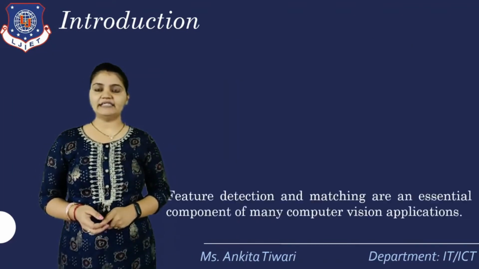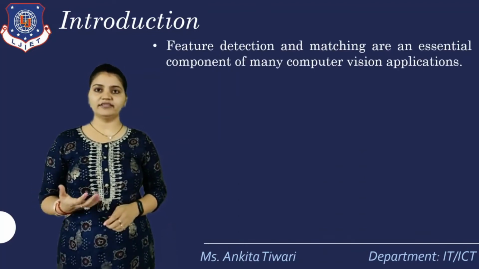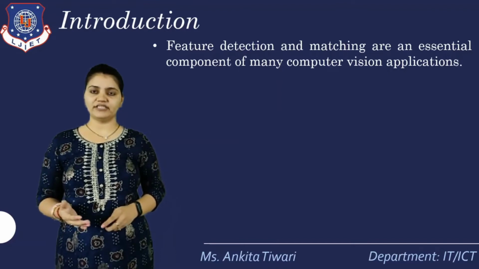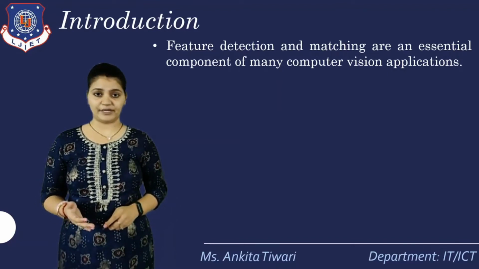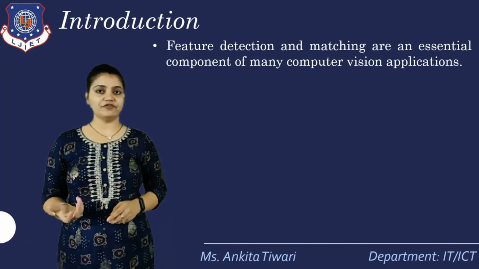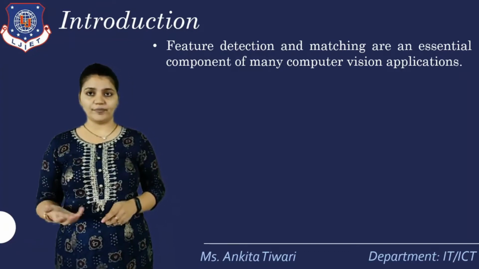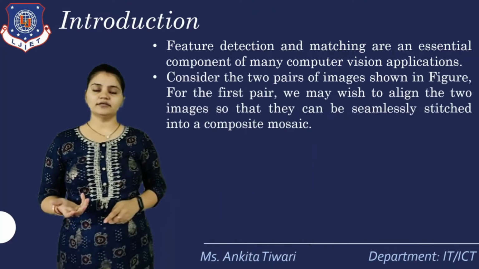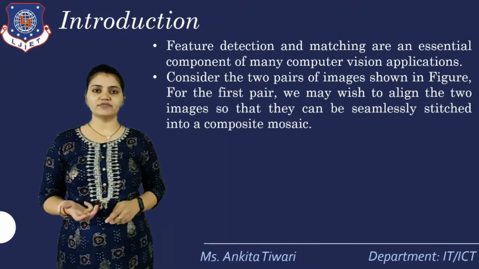With respect to that, the first thing that comes to mind is that feature detection and matching is an essential component of any computer vision application. Whenever we are dealing with any computer vision topic, we need to know what a feature is and what detection is. Consider the two pairs of images shown in the figure.